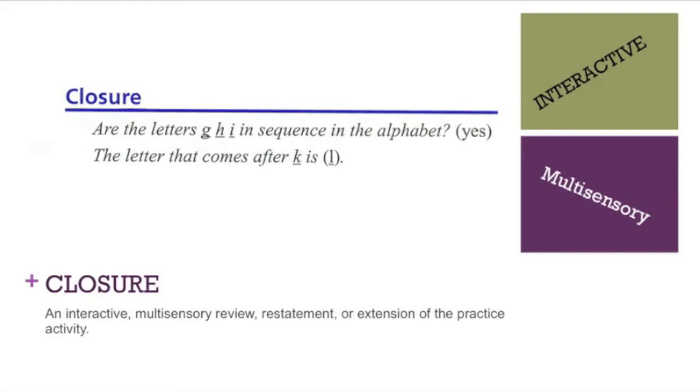At the end of that component of alphabet, we have a closure. So for example, I would ask the student, are the letters G, H, and I in sequence in the alphabet? The letter that comes after K is L, and that would be our closure.